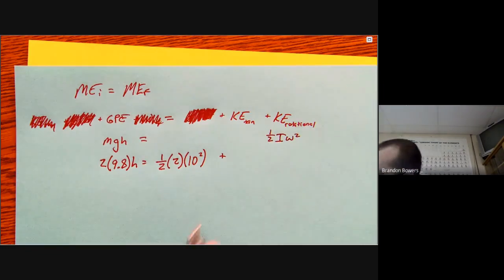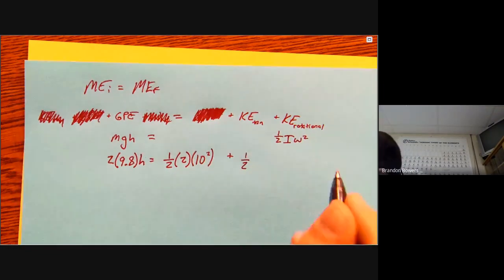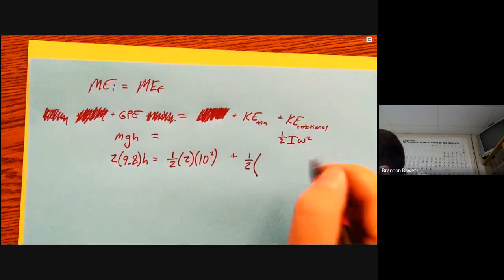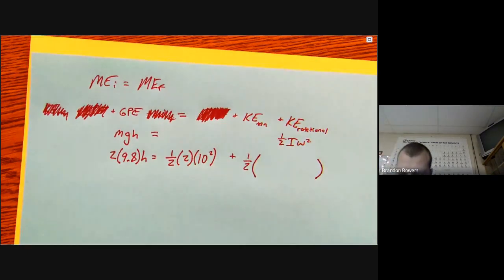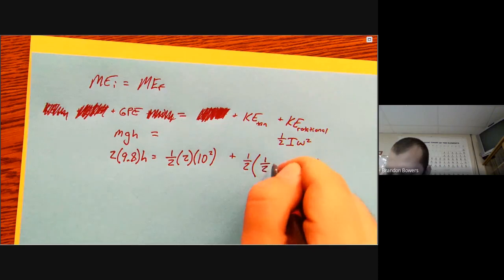So we're going to do 1/2 I. Let's do I first. So I is going to be 1/2 mass radius squared. Very good. So we're going to have 1/2 mass.